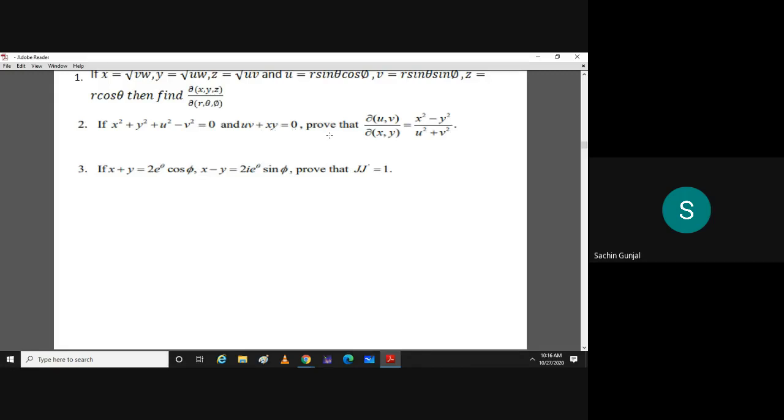So just calculate those two Jacobians, and obviously the first Jacobian will be x square minus y square and the second Jacobian will be u square plus v square.